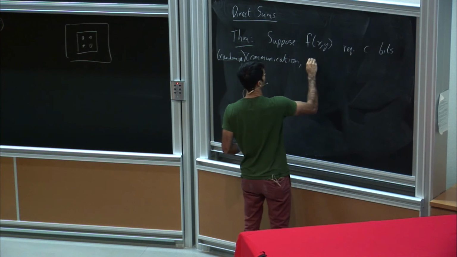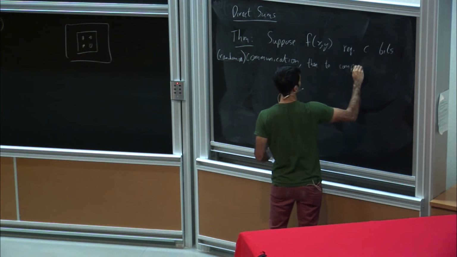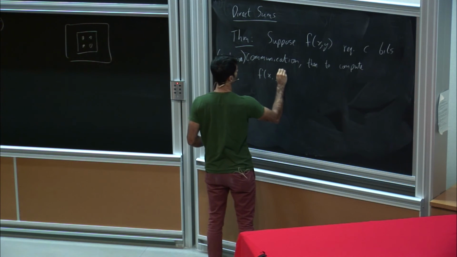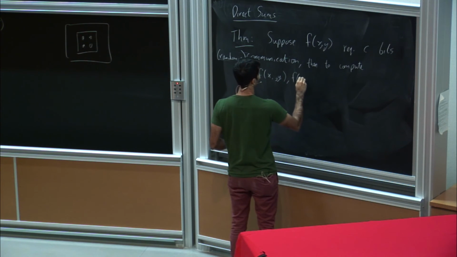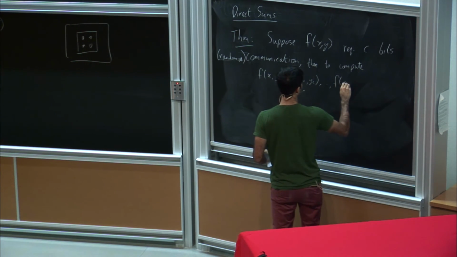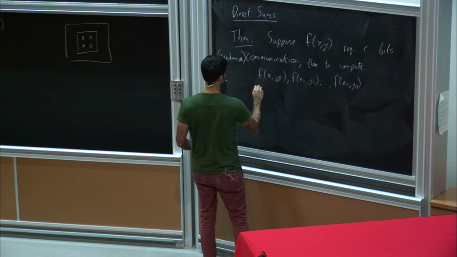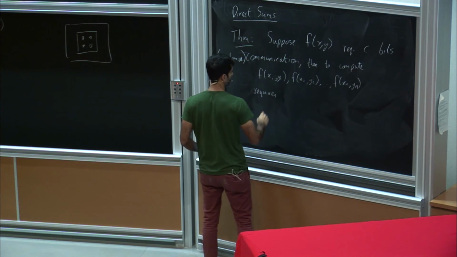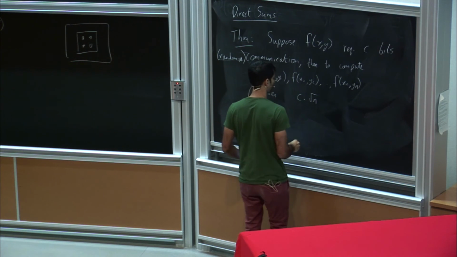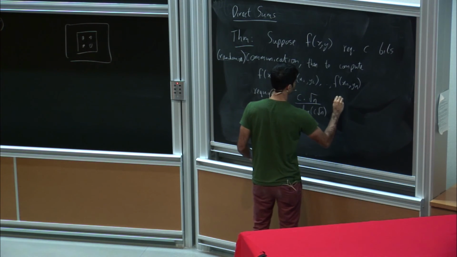Then to compute f on n independent inputs, so imagine you want to compute f of x1, y1, f of x2, y2, up to f of xn, yn, requires c times square root n divided by log of c times square root n bits.